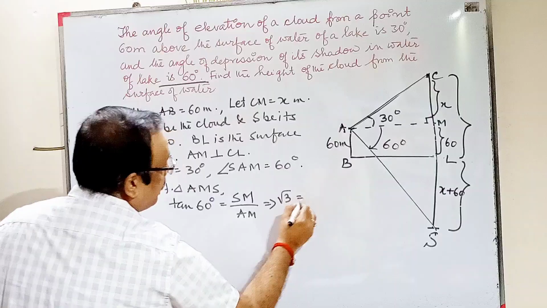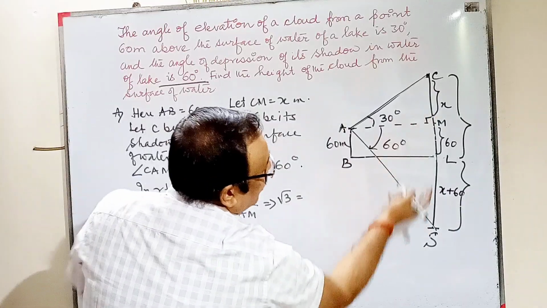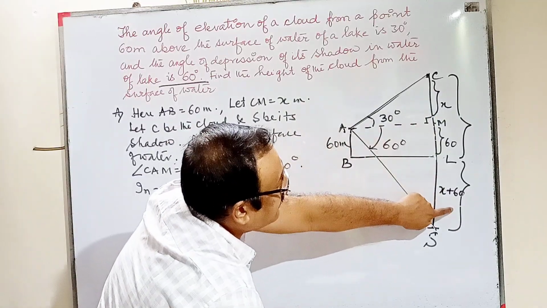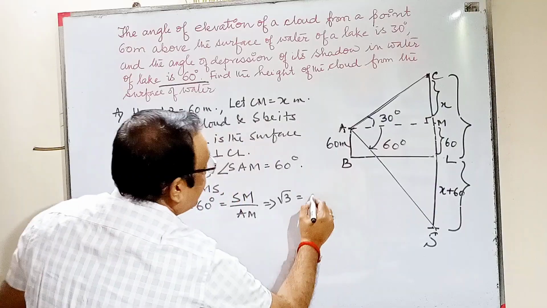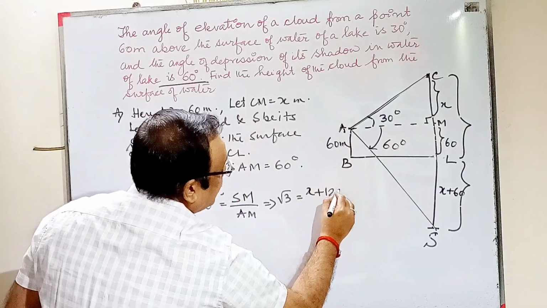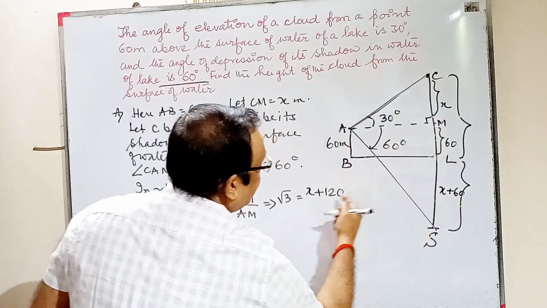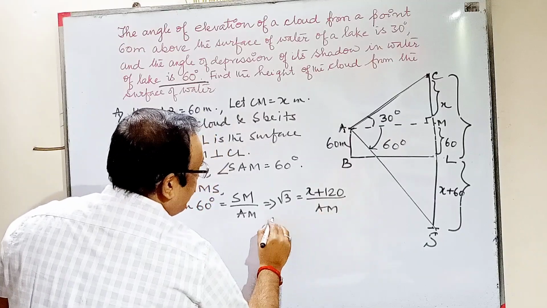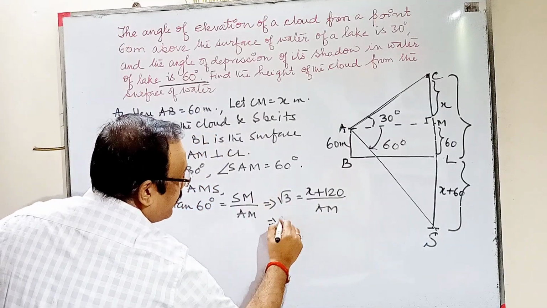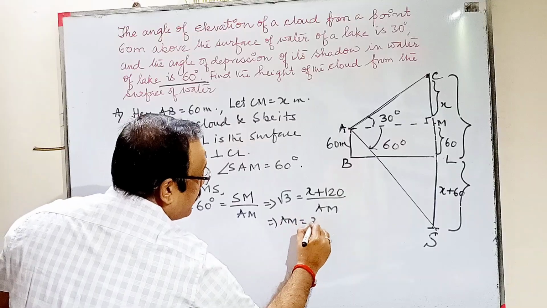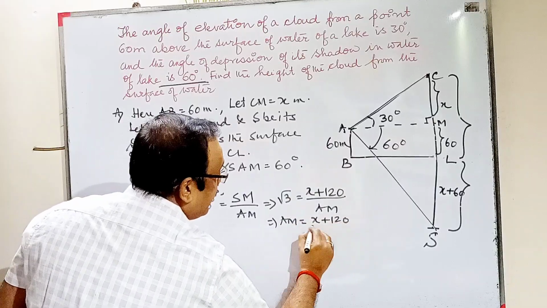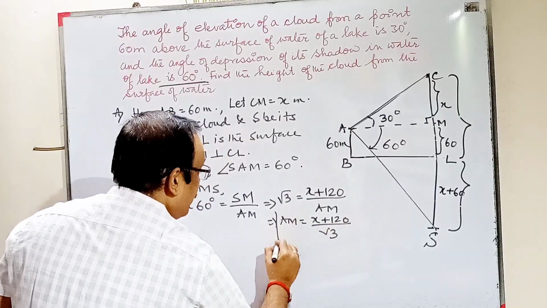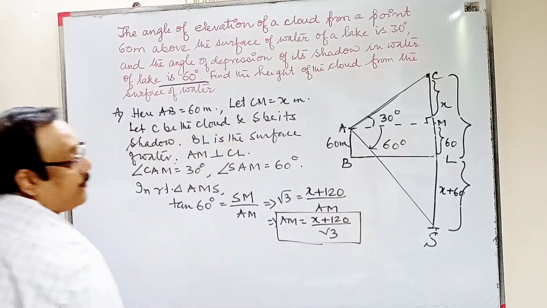Tan 60 is root 3. SM is 60 plus x plus 60, which gives x plus 120. So root 3 equals x plus 120 by AM. If I cross multiply, AM will be equal to x plus 120 divided by root 3. This is the value of AM.